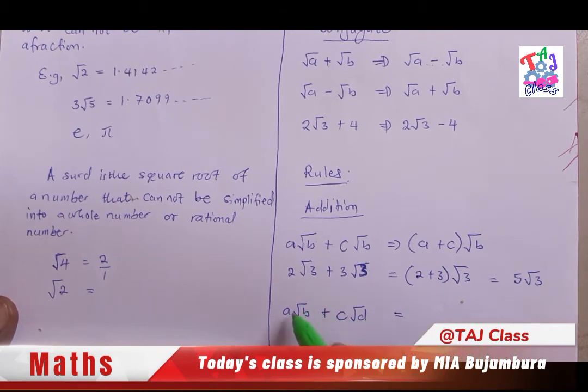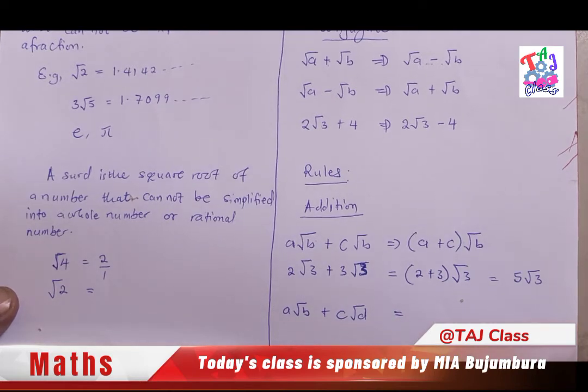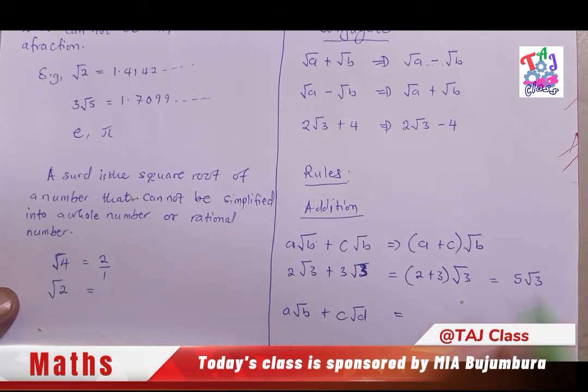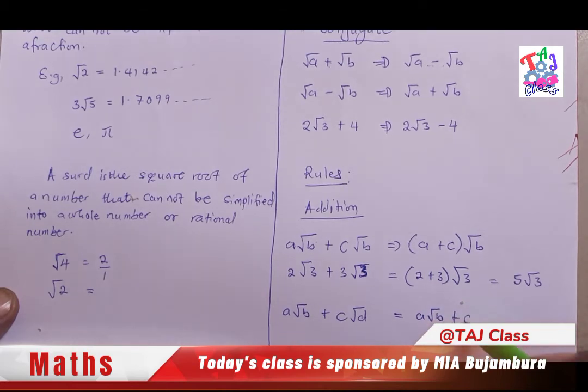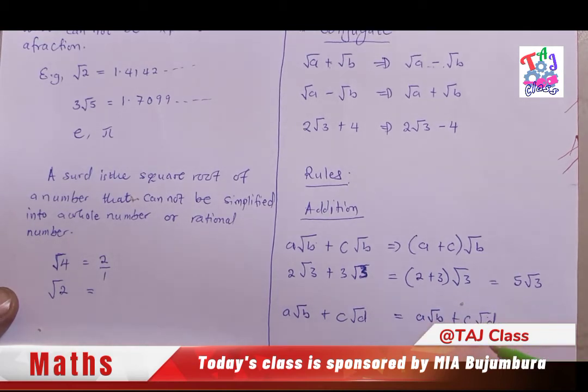Please don't add terms of different surds. As long as it is different from this, you just leave it the way it is. Don't tamper with any. This one remains the same as this, C√D.